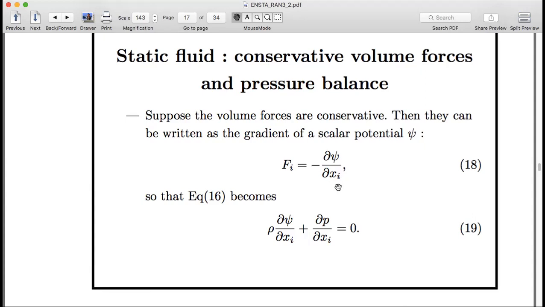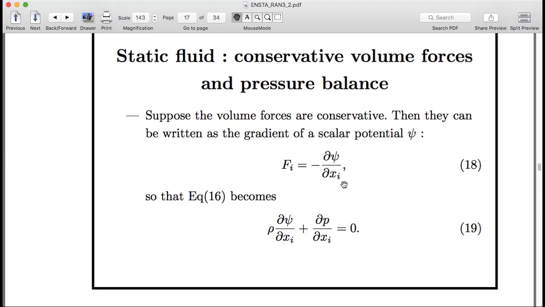Don't be too afraid if that's unfamiliar to you, but let me just say that the force of gravity is a conservative force. So we can represent the force of gravity by this scalar potential.